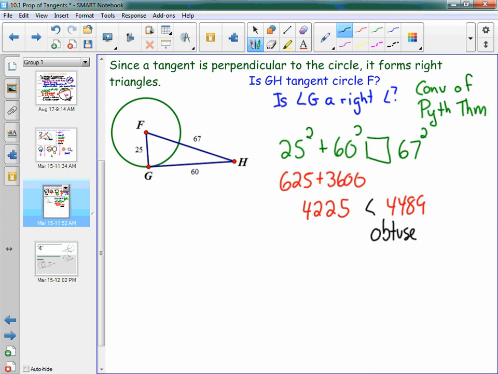Since we find that 67 squared is larger, it is obtuse. Is GH tangent to circle F? No, it is not tangent, because it does not form a right angle.